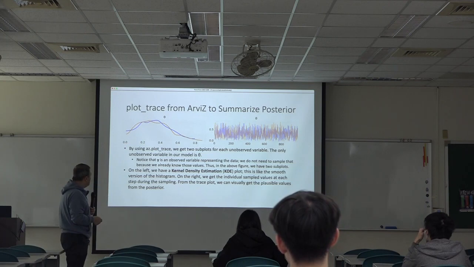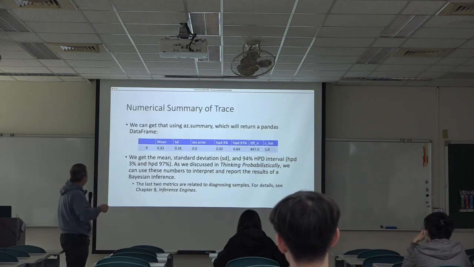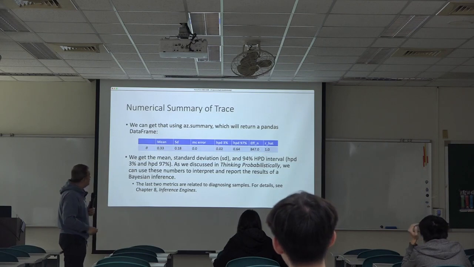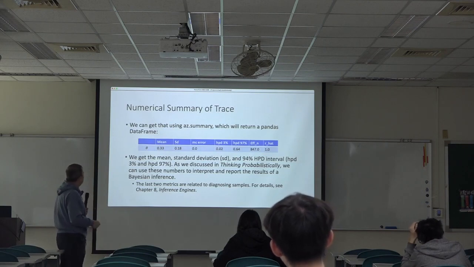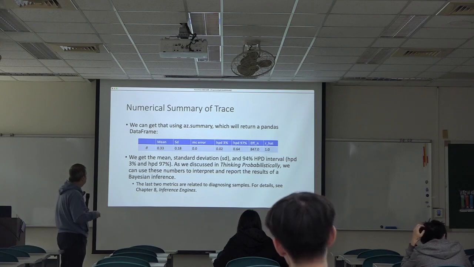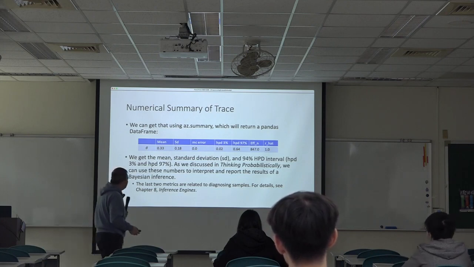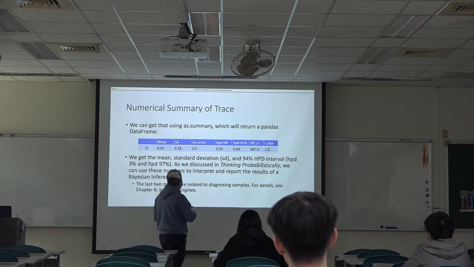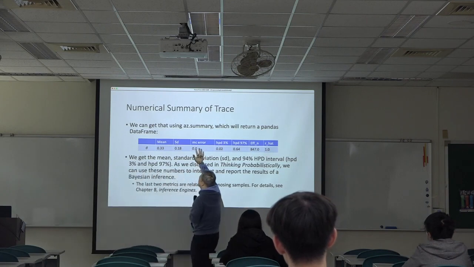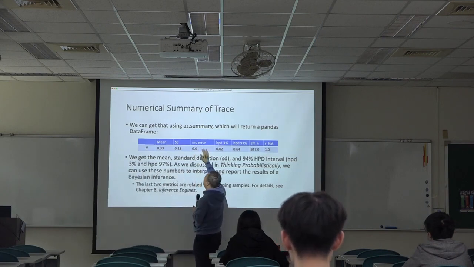Then you can also obtain the numerical summary of the trace by the RVs. It will give you the mean, standard deviation, and MC error. At this moment, forget about this, since it is related to MCMC.